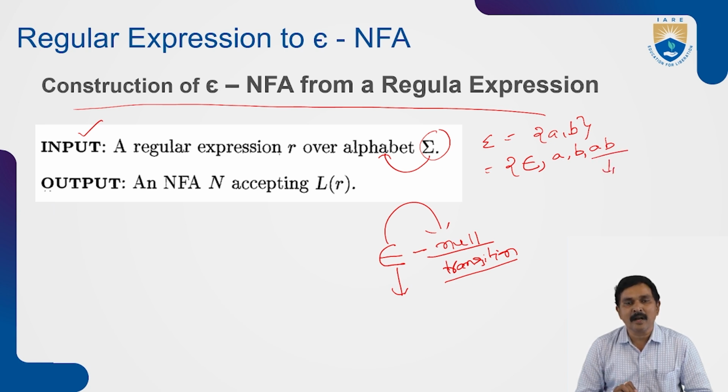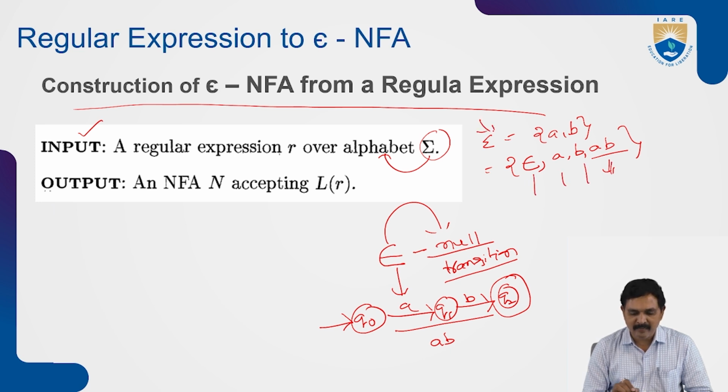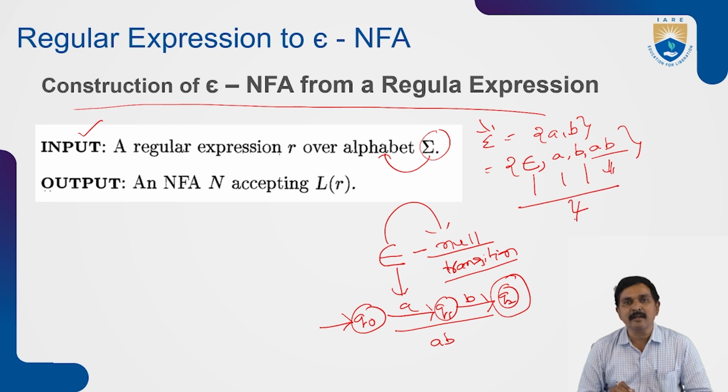Q0 to Q1 is a, and Q1 to Q2 is b, ending in the final state. So using sigma, we generate four different strings.